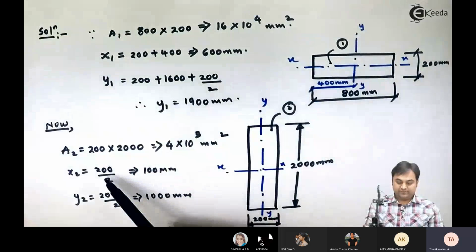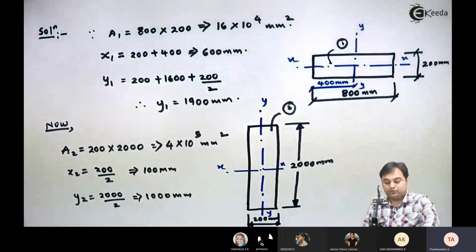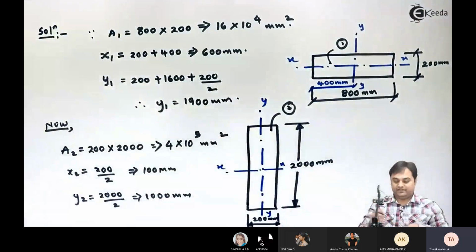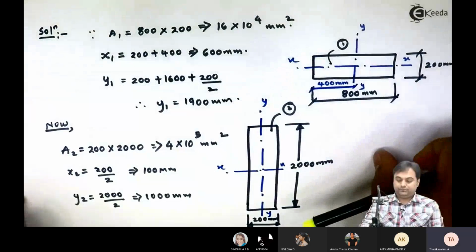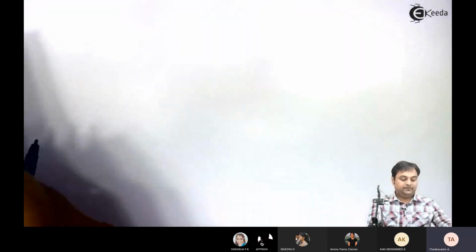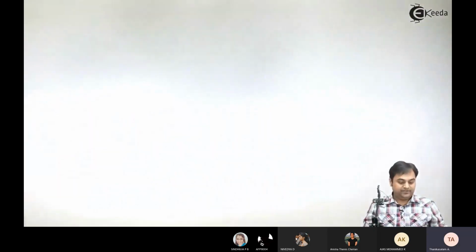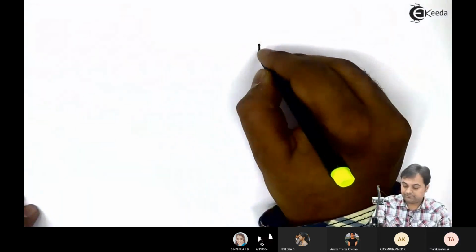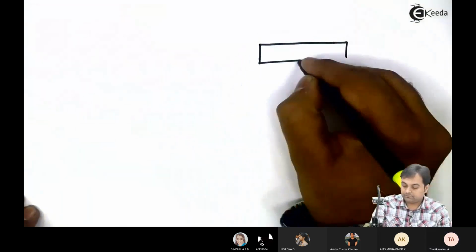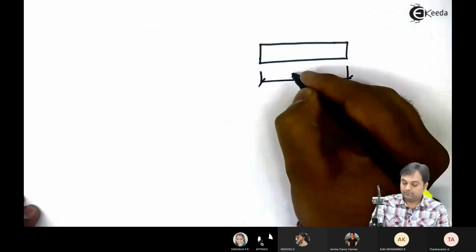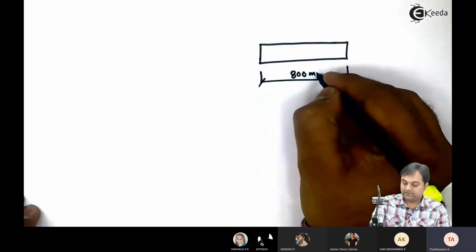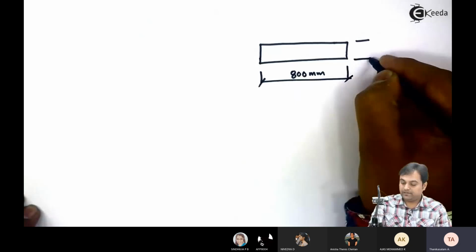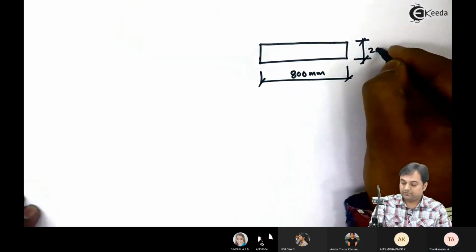Now once we have A2, X2, Y2, I will also calculate A3, X3 and Y3. Since rectangle 1 and rectangle 3 have the same area, here I will draw rectangle number 3. The width of rectangle 3 is 800 mm and its height is 200 mm.